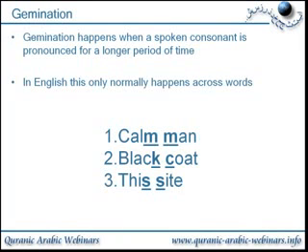If you say this site, effectively you're holding the S at the end of the word this, and you're finishing off the sound of the S in the next word, which is sight. So this is called gemination. It's effectively the merging of two sounds into one sound, and you hold it for a little bit longer.